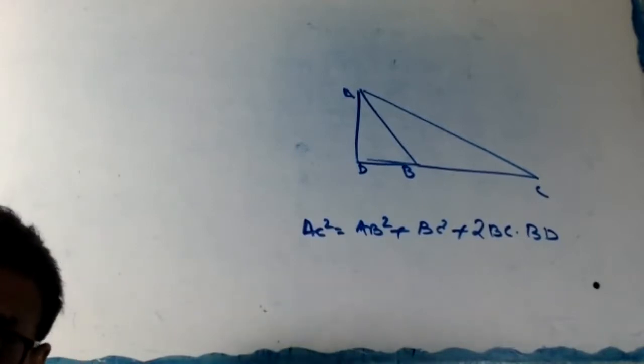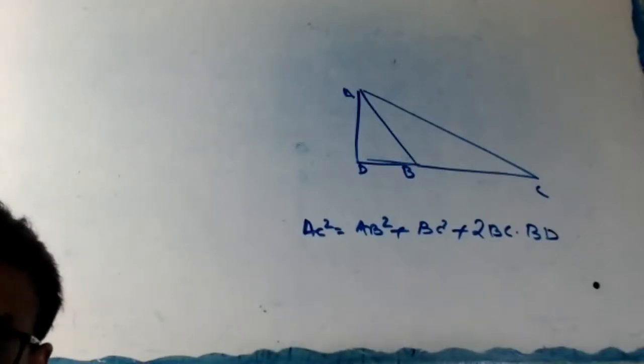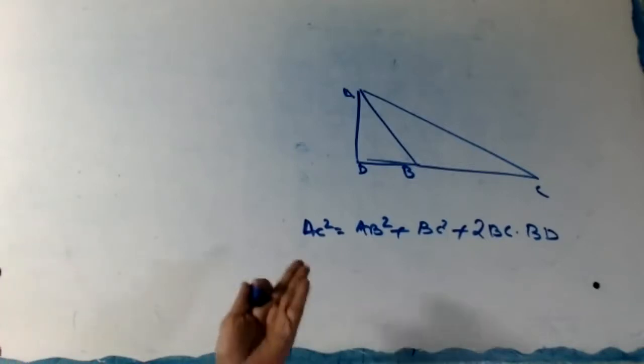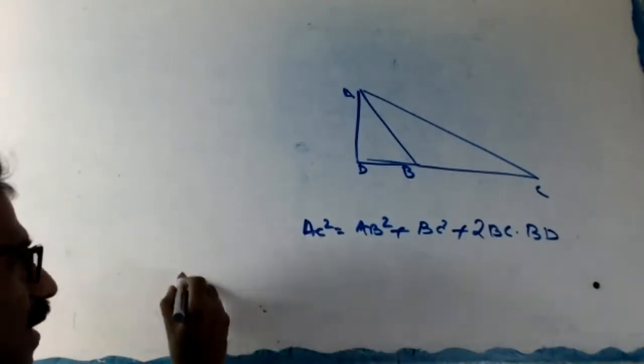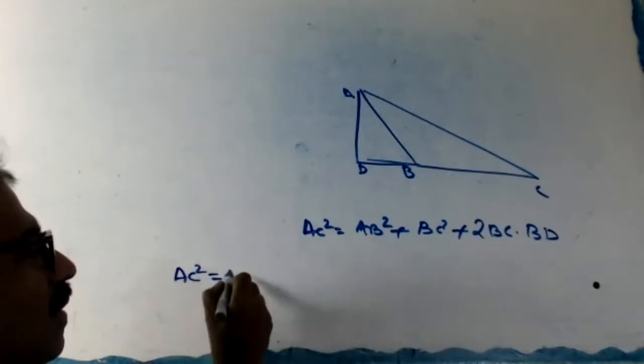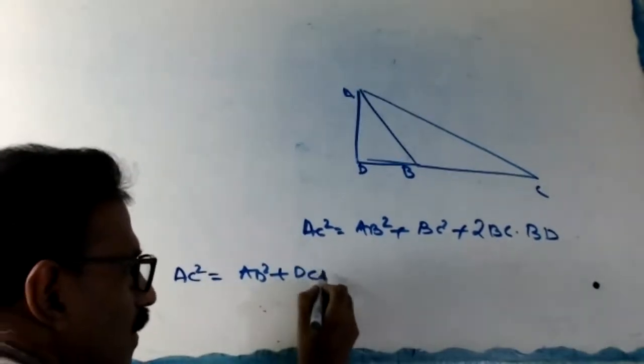Okay. It's very simple. Okay, who all got? Roshani got? Amisha got? Denya. Here what? Just find AC square. Look, in triangle ADC, AC square is AD square plus DC square.